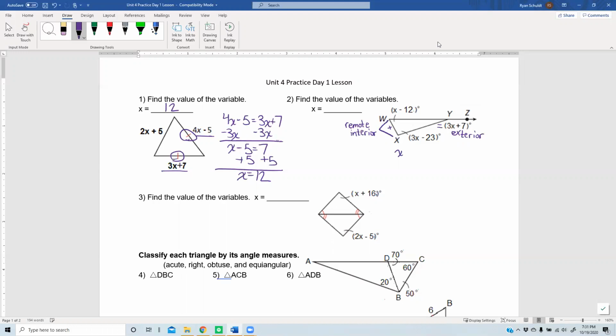So let's do that. We have x minus 12 plus 3x minus 23 equals 3x plus 7. Then I have to go through and combine like terms. So I have x plus 3x, that gets you 4x, negative 12 minus 23, so we get negative 35, equals 3x plus 7.